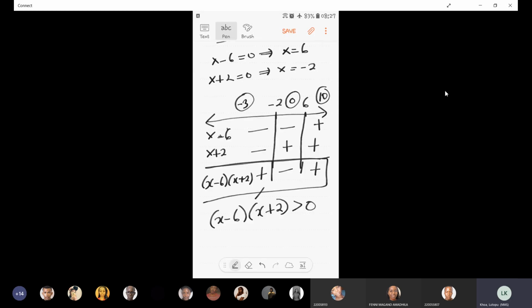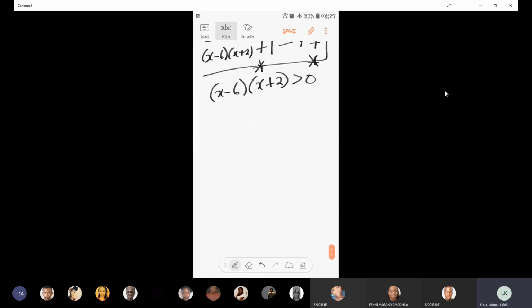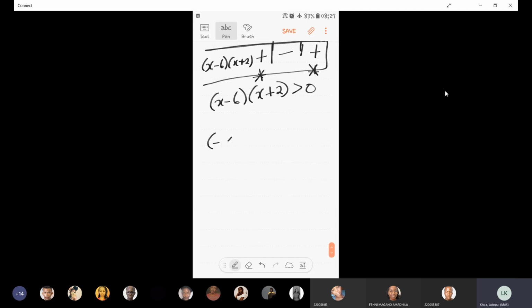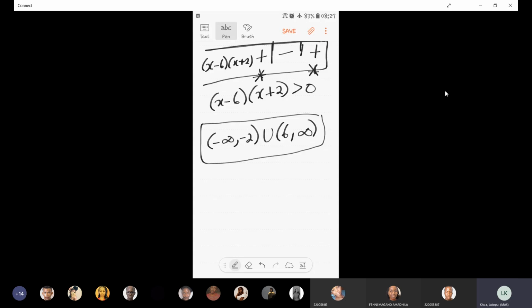Greater than 0 is that first column and that last column. So you can write this as minus infinity to negative 2 union 6 to infinity. So this is the first condition. So remember when we were solving the other logarithmic inequalities, we had the first condition and then we had to include the conditions of the arguments and then look above where we see 2 lines.